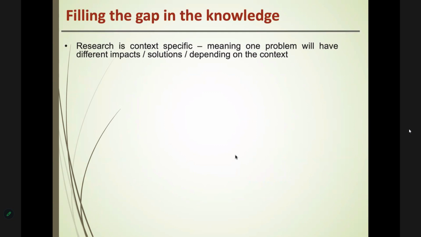Because research is context specific, one problem will have different impacts, different solutions, different nature, and different scale, depending on the context. So always make sure when you are talking about a problem, right? Research problems are something like this. These are common.